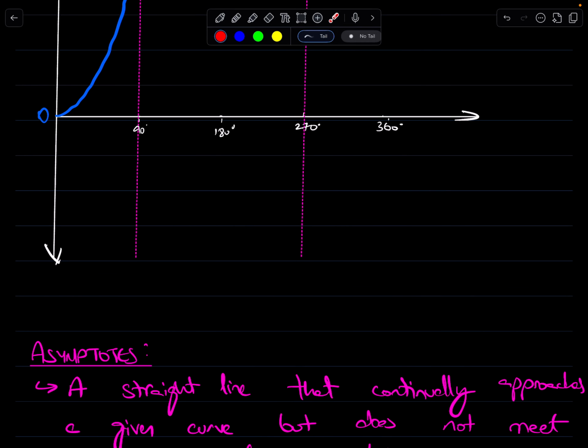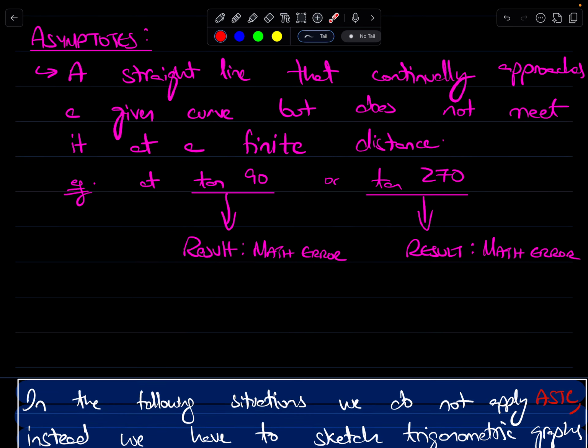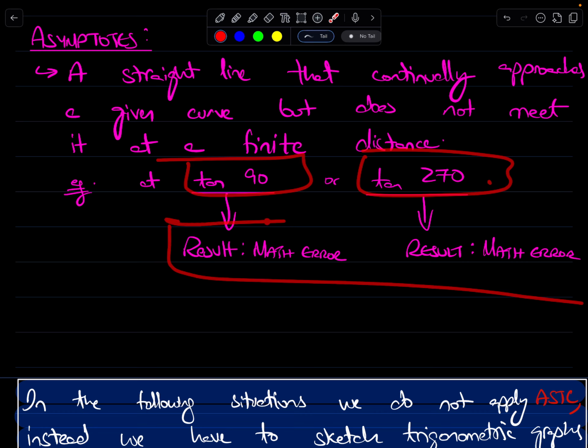This is because these lines are called asymptotes. That is a straight line that continually approaches a given curve, but the curve and the line do not meet. And if you were to put tan 90 and tan 270 in your calculator, you would get a math error.